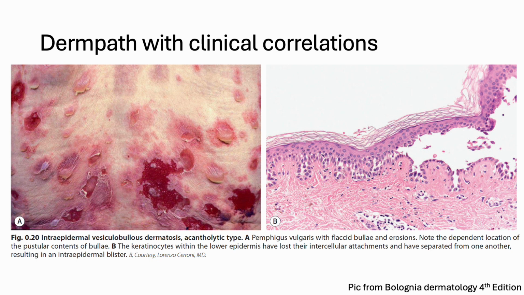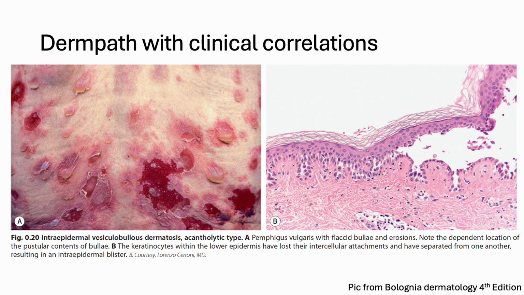The fourth one and the fifth one, they are the immunobullous disorders. The fourth one, you can see there are flaccid bullae. After the bullae ruptured, they left over erosions of the skin. And why do the bullae look flaccid? The reason is because the separation is located inside of the epidermis, making the wall of the bullae very fragile.